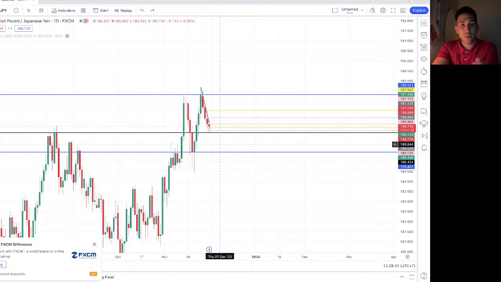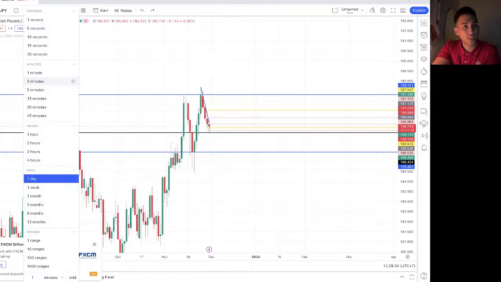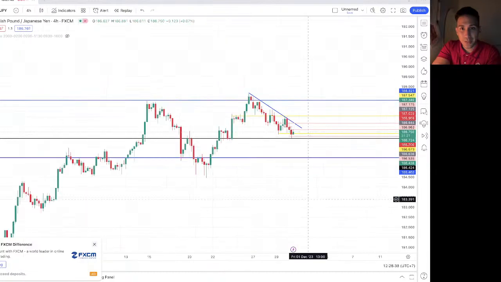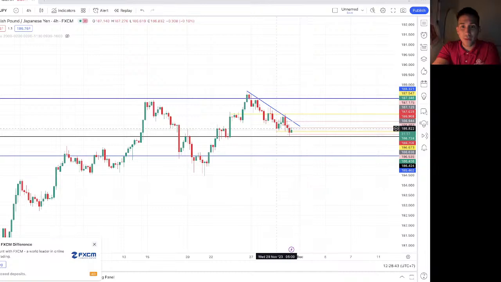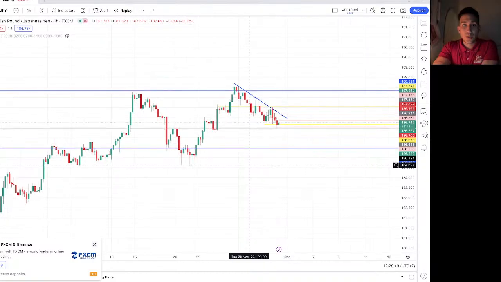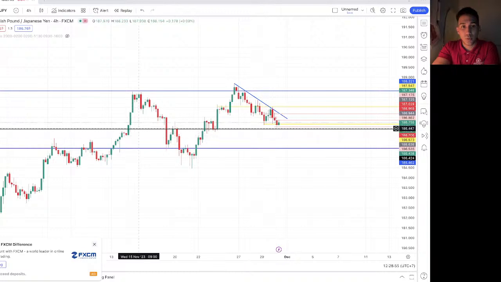Let's see if we manage to find something in the 4-hour time frame. So the same scenario. We're still going down on this trend, but in general we're still bullish. What we can see is the reversal of this area that we marked, that has been supported multiple times.